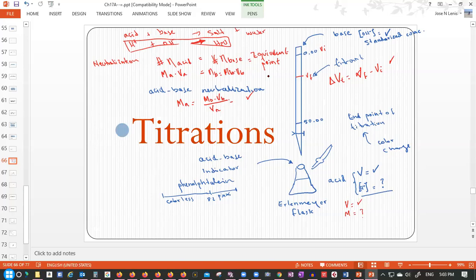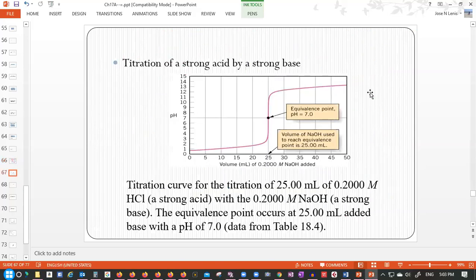So let me give you a couple of examples. This should be the graph for a titration of a strong acid and strong base. Graphing pH against volume of the base added.